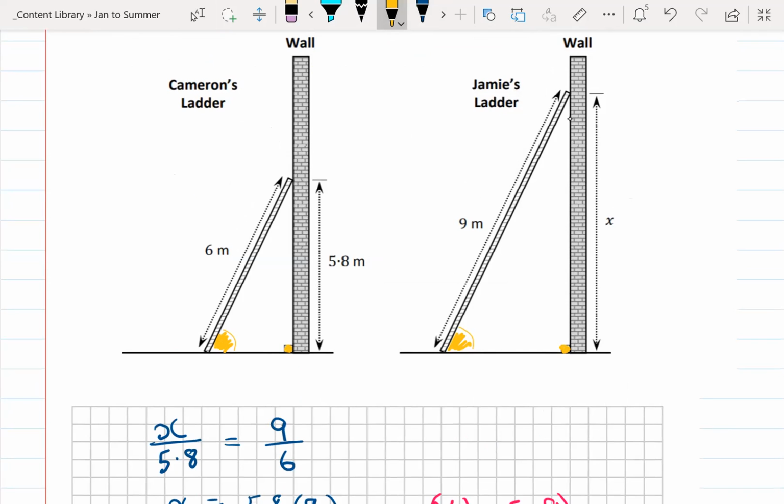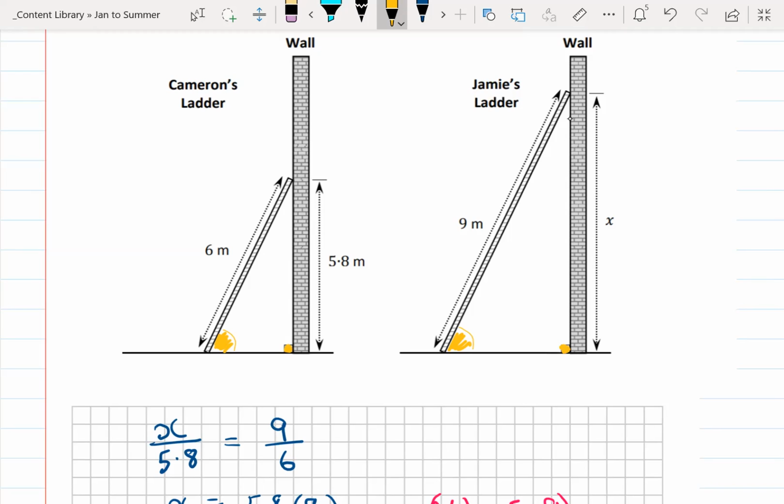So if two of the angles are the same, then the third one is the same as well. Similar triangles are triangles where the three angles are the same in both. They can be different size triangles. They're not identical, not congruent, but they're similar because their angles are all the same. And we have a couple of theorems that come from that.